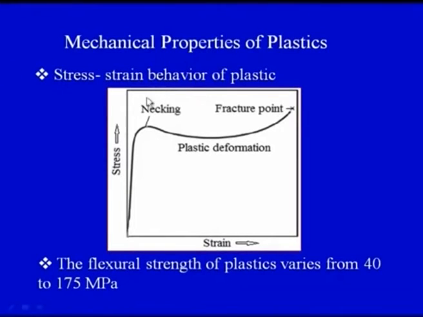On your screen you can see the stress strain behavior of the plastics. We can see on the x axis we have strain, on the y axis we have stress. When the load is applied, we can see that necking takes place, then plastic deformation takes place, and finally fracture takes place. Now this is specific to one particular type of plastic.